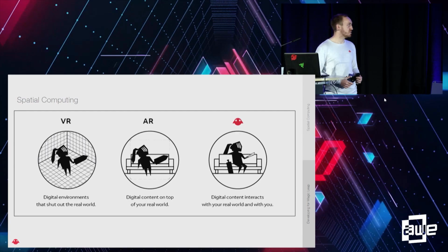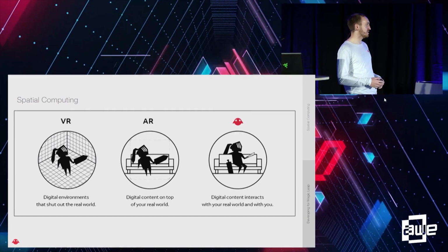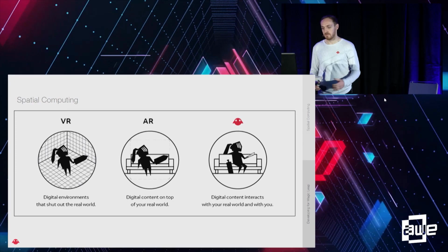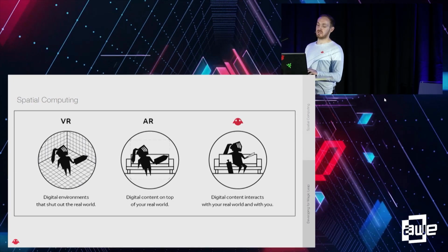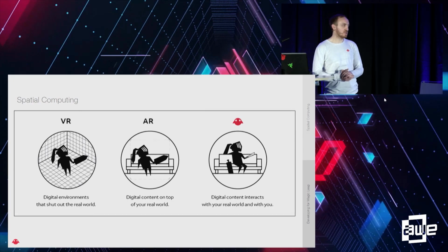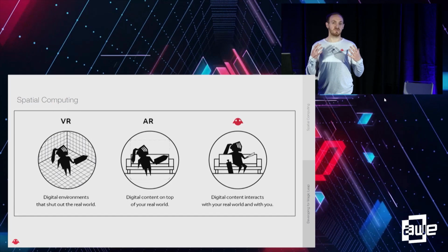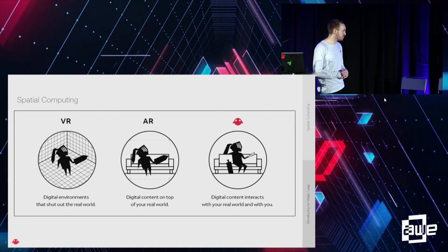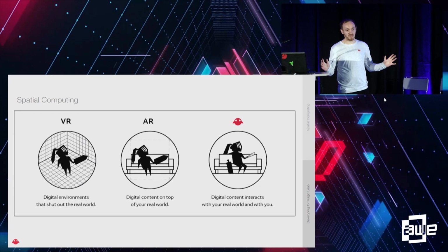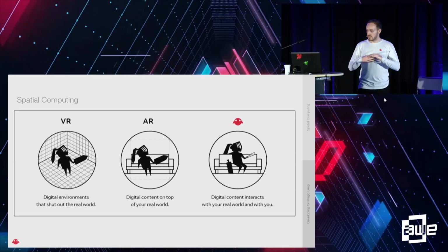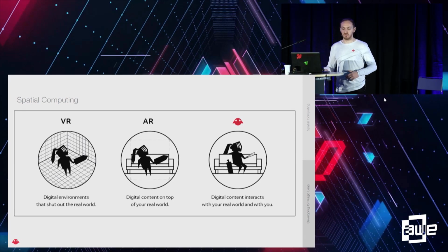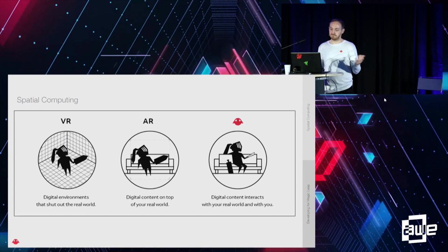A lot of people ask us, what does that actually mean? What does mixed reality mean? What does spatial computing mean? So this is one of the diagrams I like to show. We've got virtual reality, VR, and this is where you are shut into a full digital world. It means that there's nothing of the real world around you, you've got a headset on, and you could be in your living room or sat on your toilet.